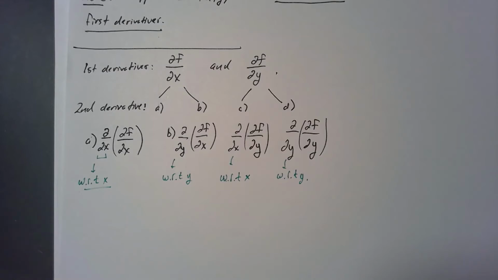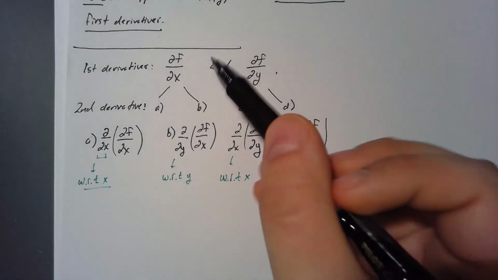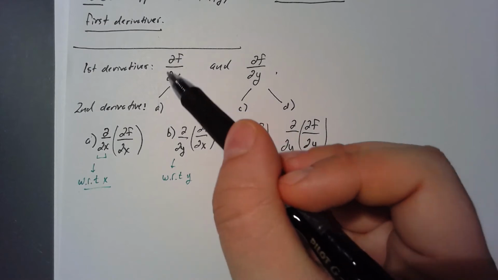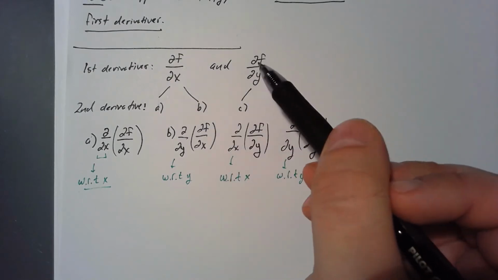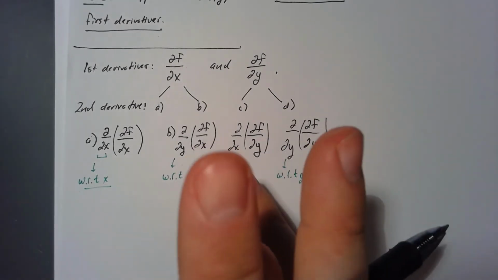So basically, the first derivatives are easy. The second derivative, you're differentiating this with respect to x and y, and then this one with respect to x and y. So you get a total of 4 second order partial derivatives.